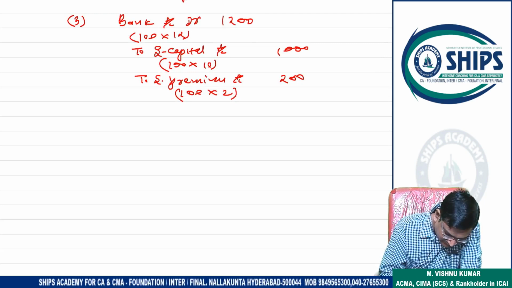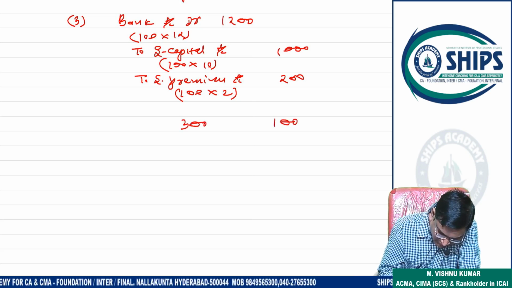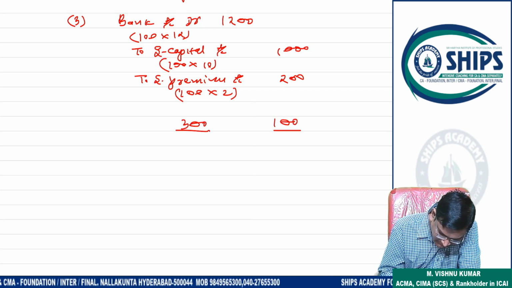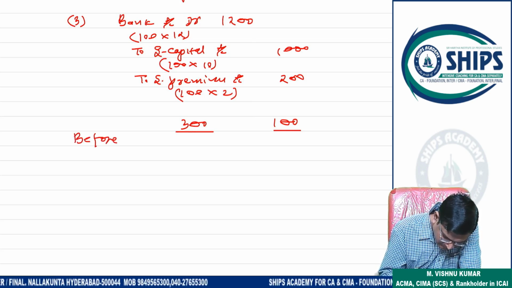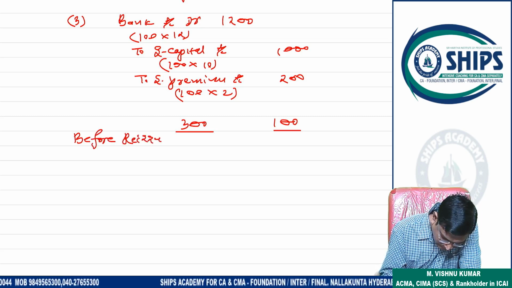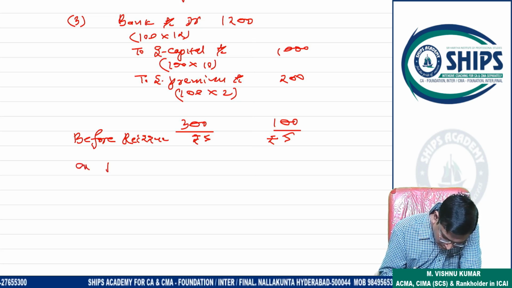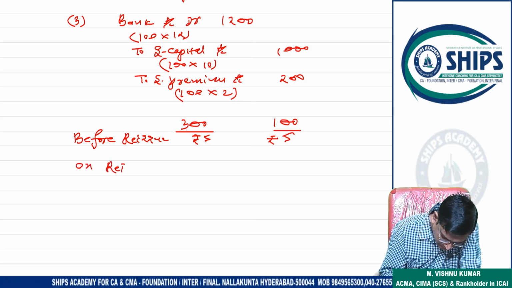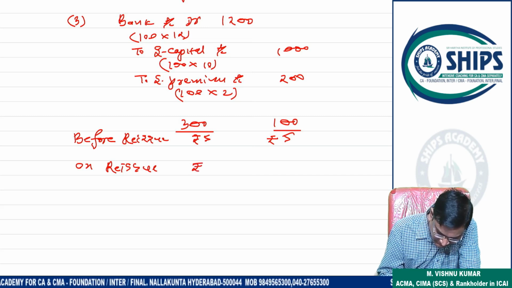I will calculate the gain separately, don't worry. I will explain the gain. I am explaining the gain on 300 and on 100. Before reissue, on both shares 5 rupees received. On reissue, on these 300 shares 8 received.